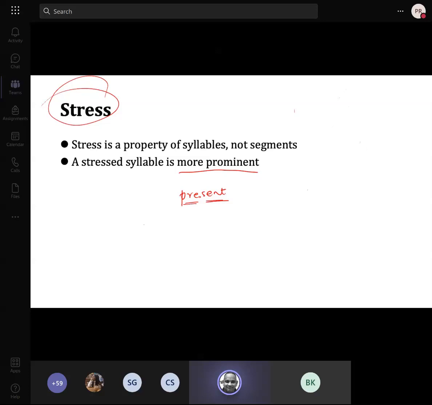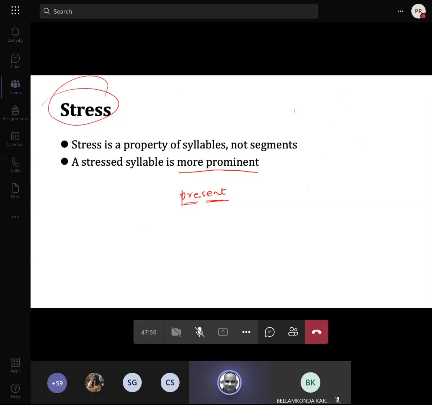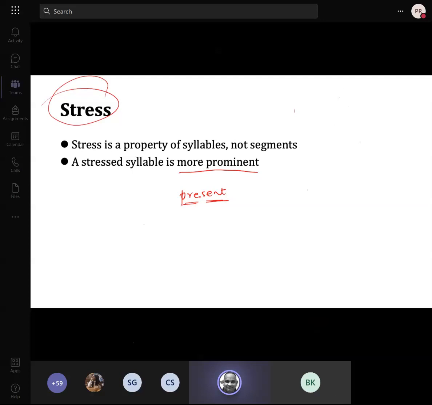So what is the difference that will happen when we change the stress from the first syllable to the second syllable? The meaning changes. Yeah, can you give what is the change of meaning for that example? When the first syllable is stressed, it means the present time, and when the second syllable is stressed, it means a gift.